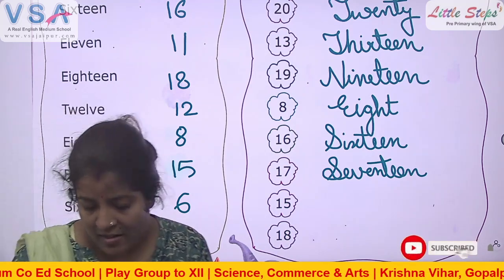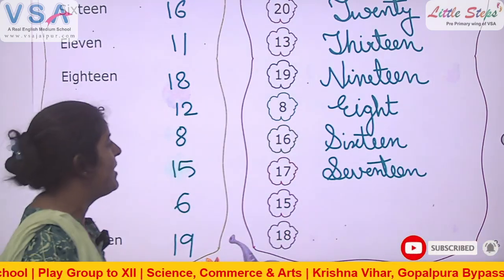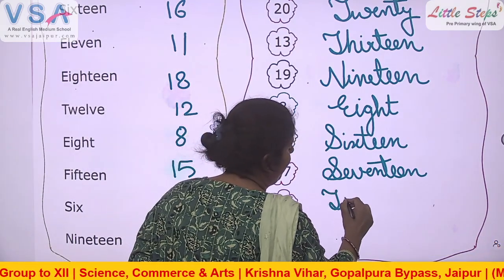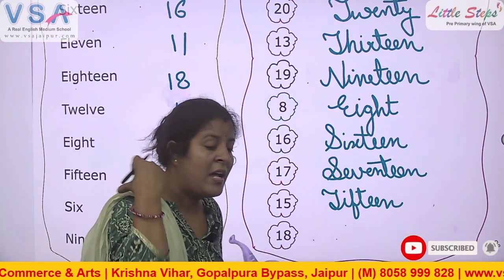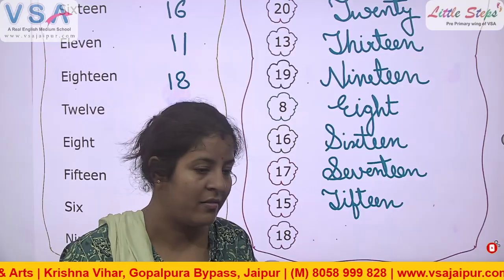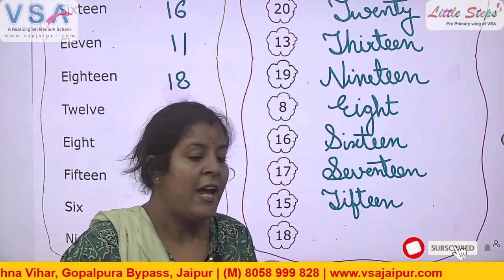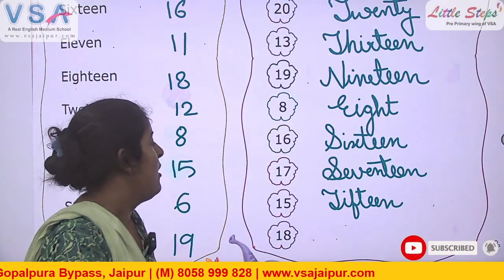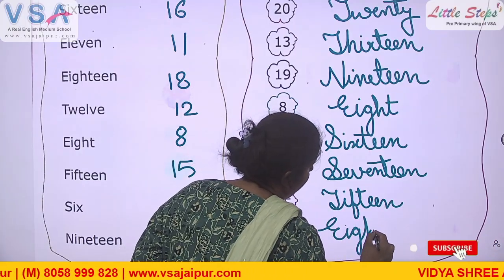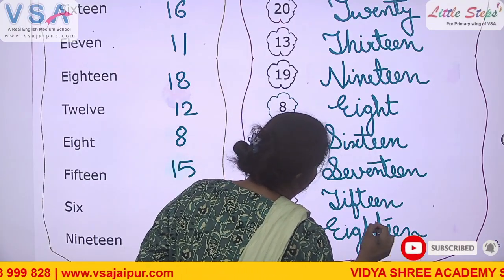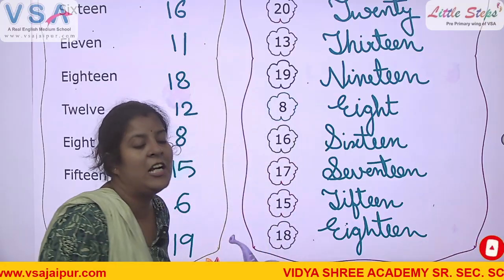Next number 15. FIFTEEN. Anaya, don't make noise. FIFTEEN, 15. Next is 18. EIGHTEEN, 18.